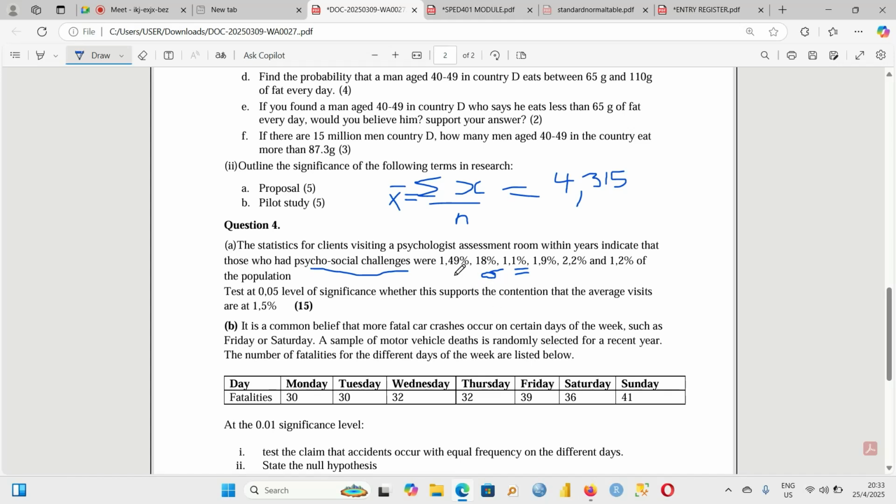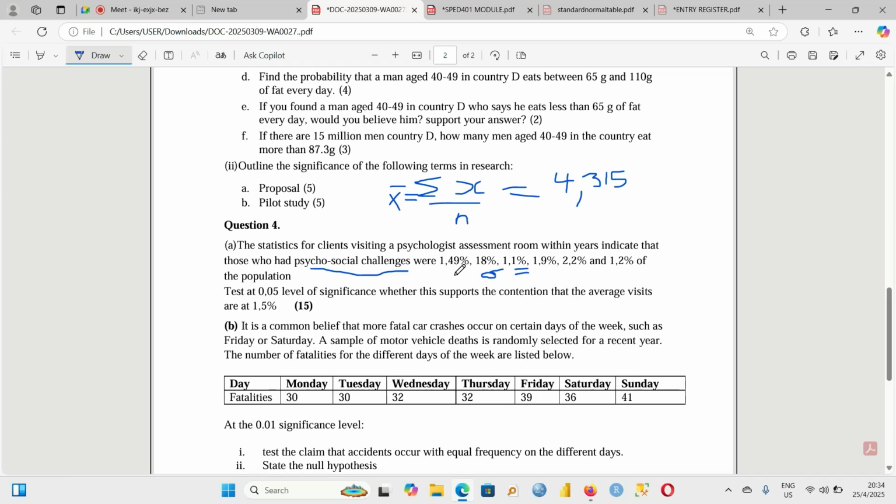We do 1.49 squared plus 18 squared plus 1.1 squared plus 1.9 squared plus 2.2 squared plus 1.2 squared.